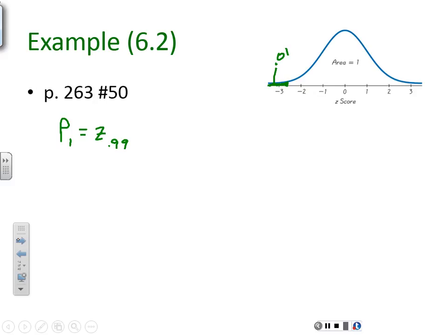What are you guys coming up with? Okay, so that gives me what is my z-score? Okay, Hillary's going with negative 2.33. Anybody agree or disagree?